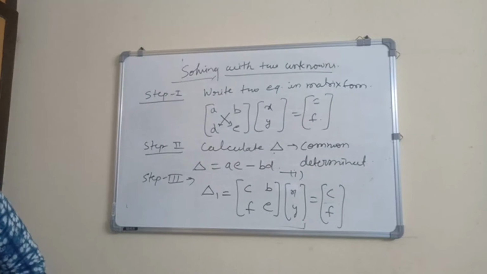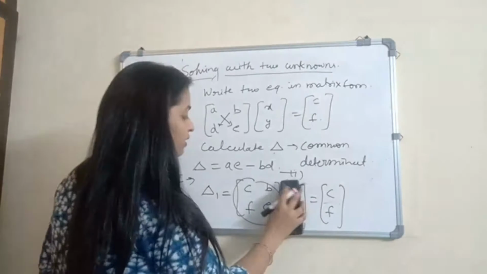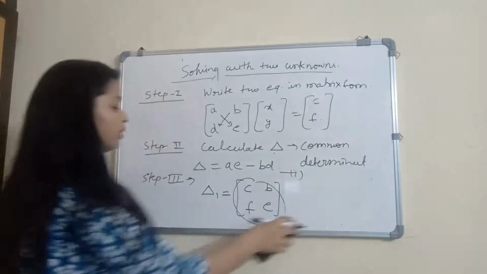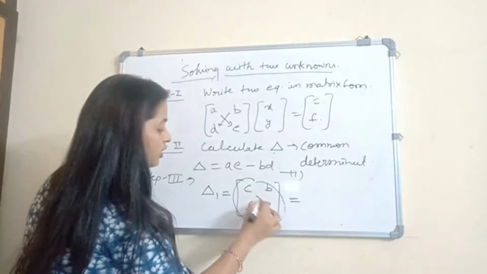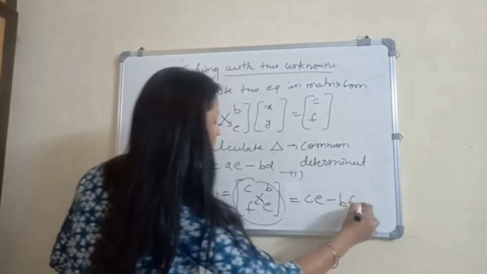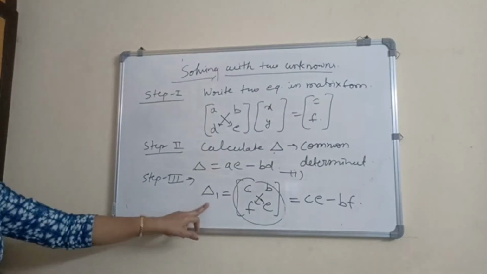So how do we calculate this del 1? I have written the complete equation, so you won't get confused. Here again cross multiplication, CE minus BF. So this is del 1.